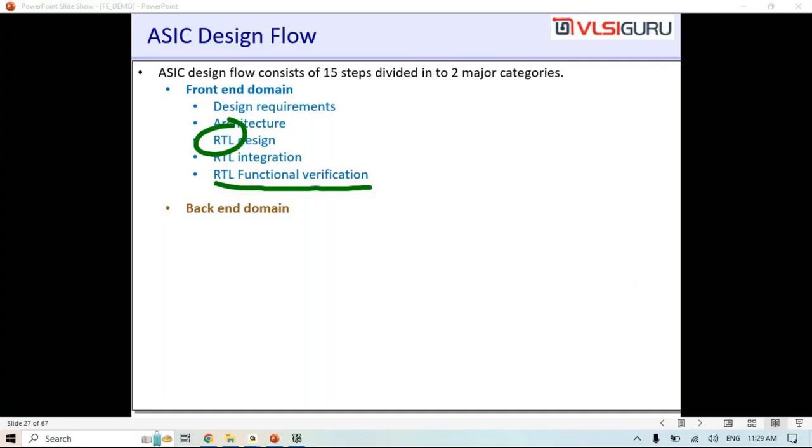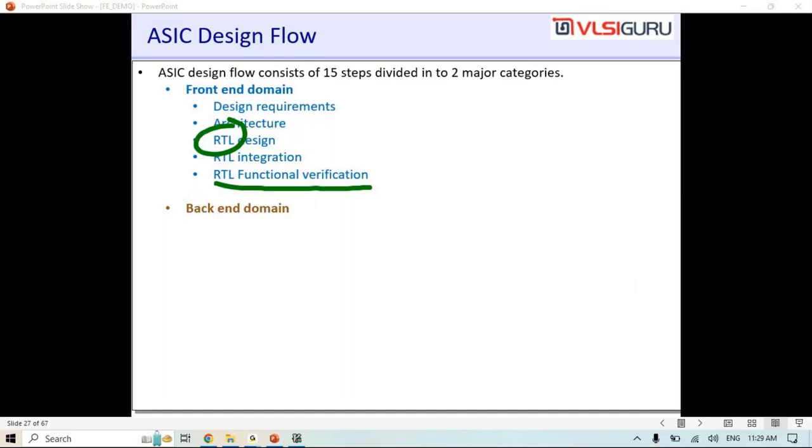If you don't check it, what is going to happen? Tell me. If there is some mistake in the code, that will come into my phone finally. Whatever mistake is there in the RTL code, it will finally appear in my phone.